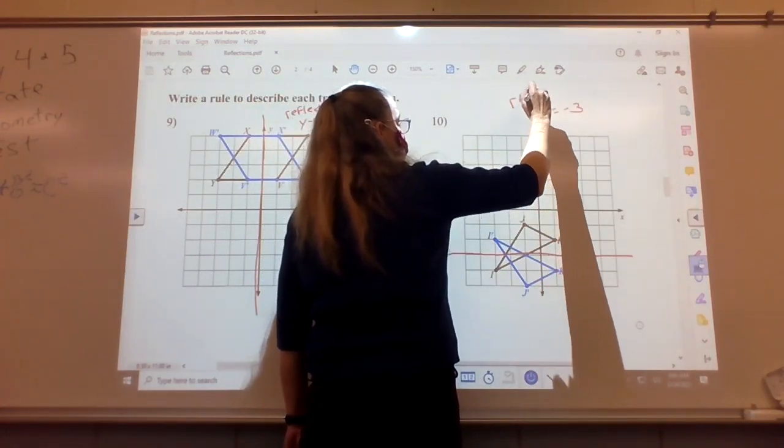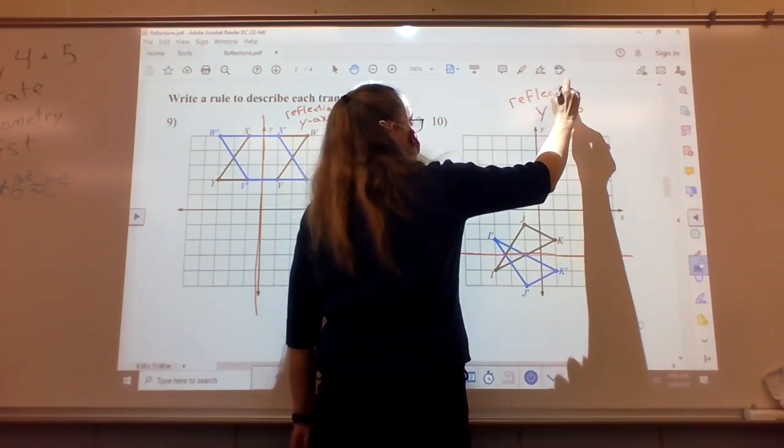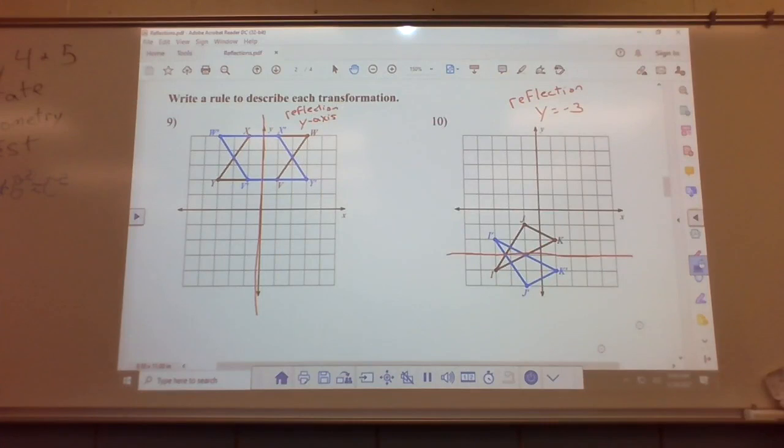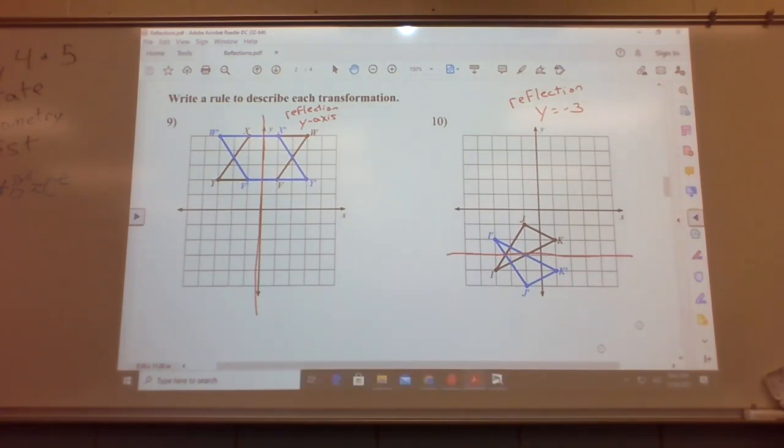And it's a reflection. It crosses the Y line, it's a Y equals. Like I said, I have a lot of people that sometimes do those backwards. Are you okay on 10? See a couple people writing.